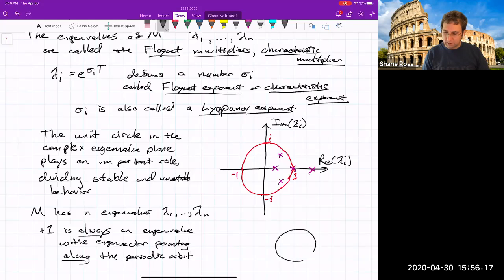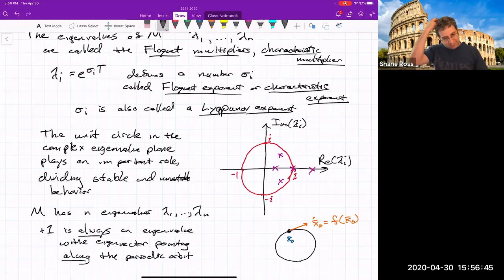If I've got my periodic orbit, here's my point x0 bar along it. The direction tangent to the periodic orbit is the same as the instantaneous change, which is also equal to f evaluated at that point.